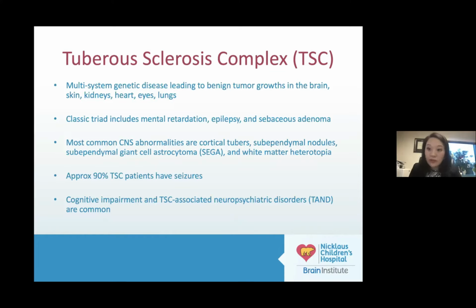When it comes to hydrocephalus manifestations, oftentimes you will encounter patients with hydrocephalus and SEGA needing a shunt or septostomy.